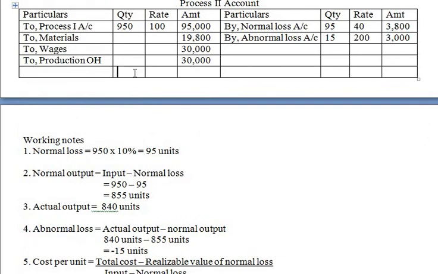So this is 950 and the total is 1,74,800.